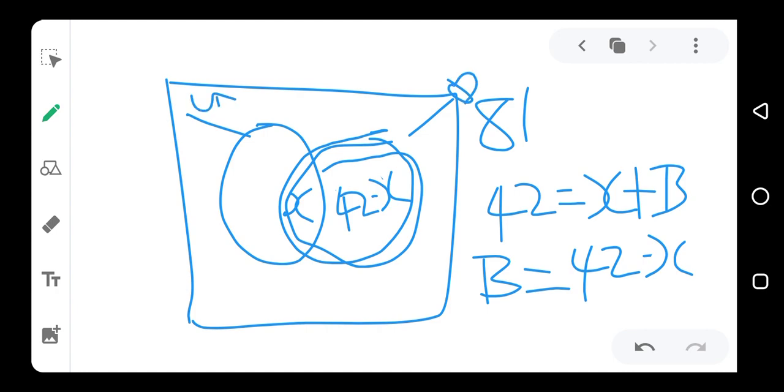Now for the girls, the remaining portion of it is the total number of girls minus X, which is equal to 55 minus X. 55 minus the girls in the intersection.